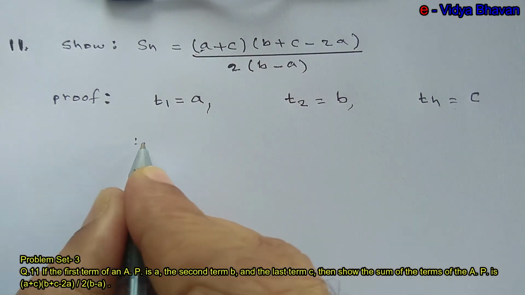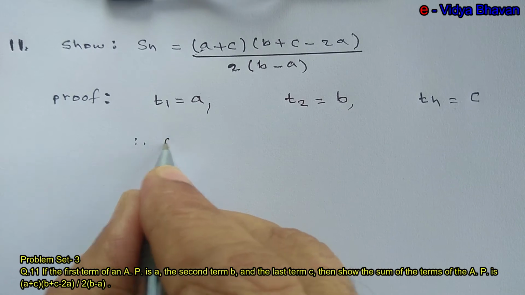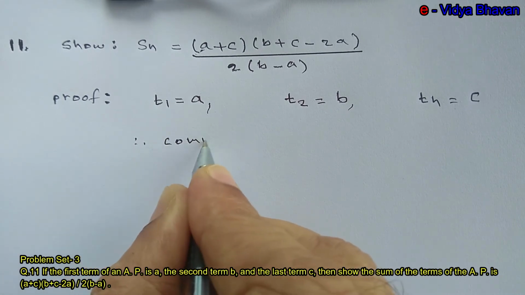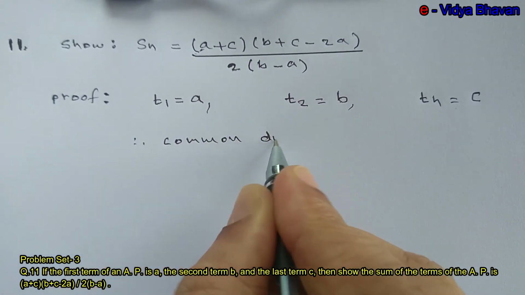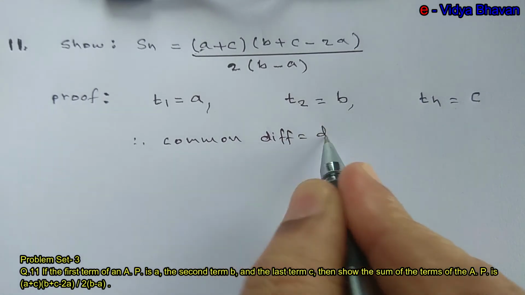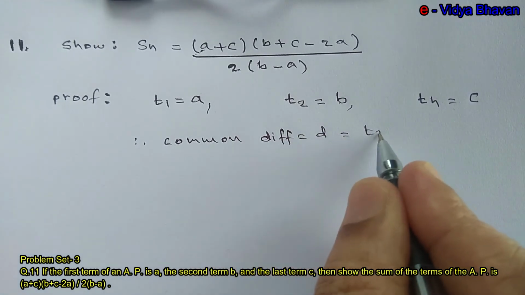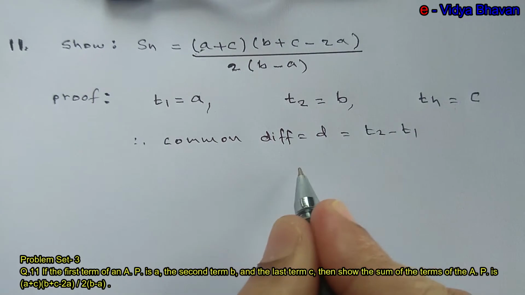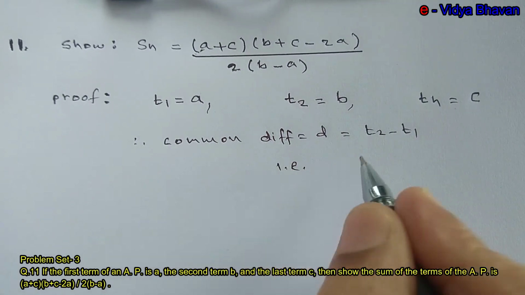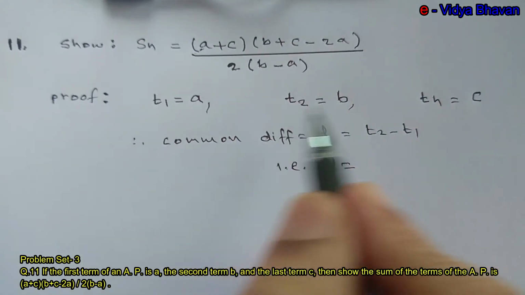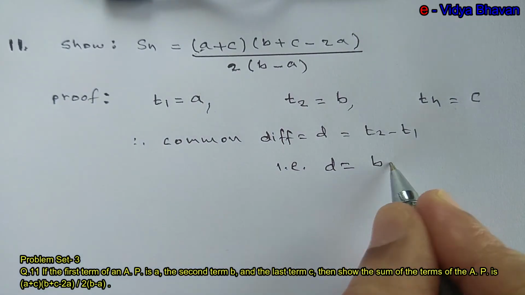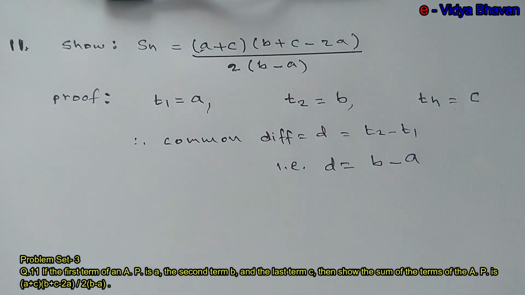Now, common difference we will find out. That is small d equal to T2 minus T1. That is, we can say D equal to B minus A. So we got the common difference.